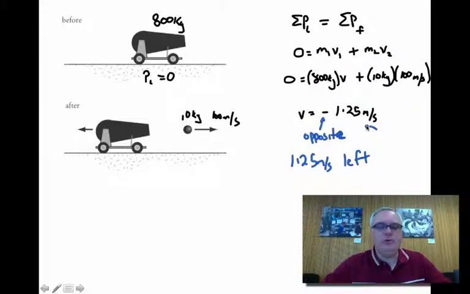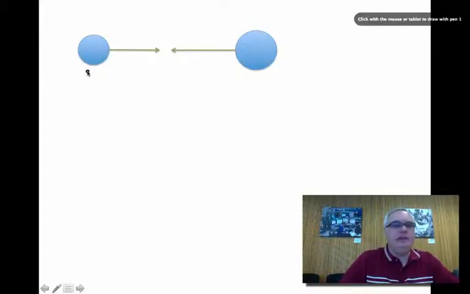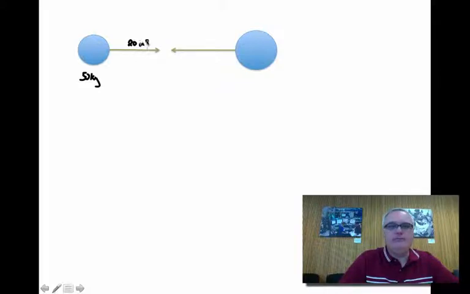Let's take a look at a more difficult question. Suppose we have two objects and they're both moving initially. Let's say that this is a 50 kilogram mass traveling to the right at 20 meters per second. And this one is a 70 kilogram mass and it's traveling to the left at 40 meters per second.